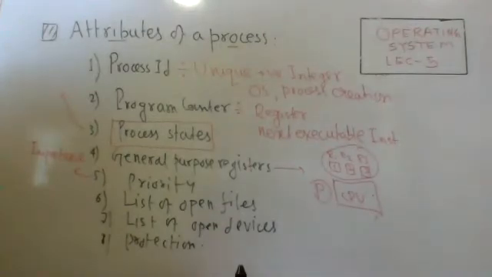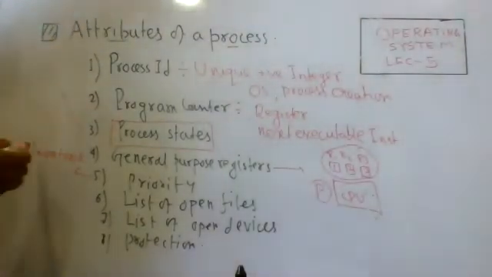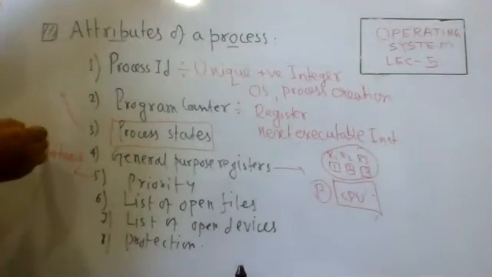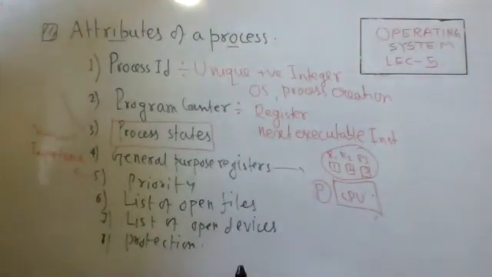In case of system processes, the priority is higher, but for others it is low, and it is nothing but a number assigned by OS.